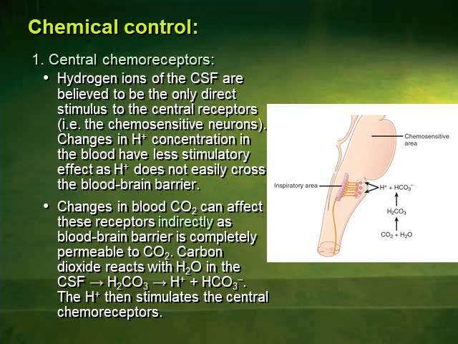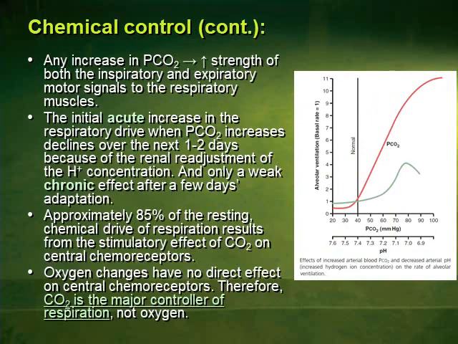This is clearly demonstrated in this diagram. This diagram explains the effect of partial pressure of carbon dioxide in the peripheral blood and the effect of the hydrogen ion concentration, or the pH, of the peripheral blood on the ventilation of the alveoli.